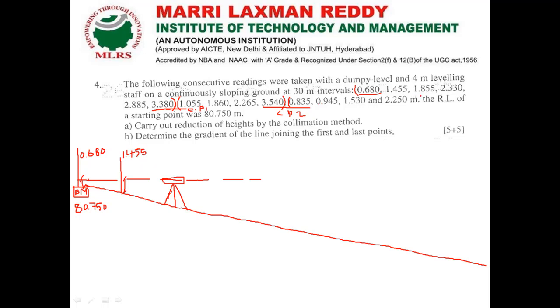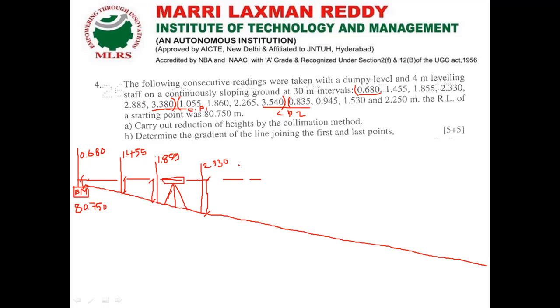After a 30-meter interval, they have kept the staff, so the height from the ground to the line of collimation is 1.855. Next, once again after 30 meter, they have placed the staff and the height is 2.330, from the ground to the line of collimation.